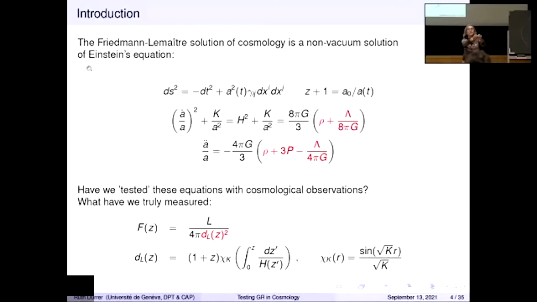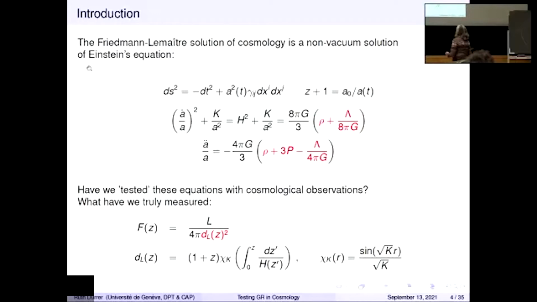This is something which we can measure very, very easily. We just look at some hydrogen line from the star. We know what its wavelength is in the laboratory, so we can see how much it has been redshifted by coming from this object far away into our telescope on Earth.